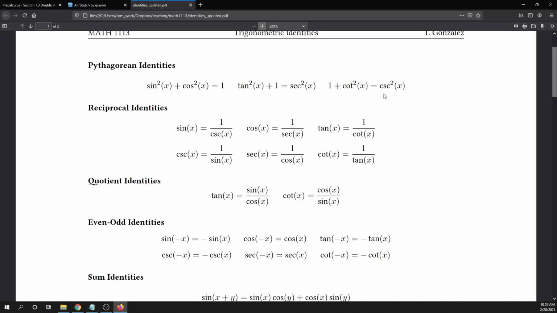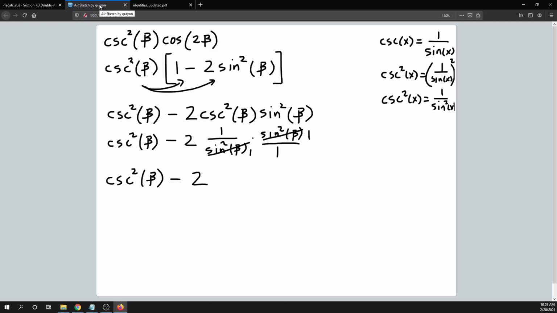So that to me looks like an easy thing to change in there. I can just take cosecant squared and replace it by 1 plus cotangent squared. That's exactly what I'm going to do. So cosecant squared is the same as 1 plus cotangent squared beta, and minus 2. And then you can see now I have some like terms, this 1 and the minus 2.